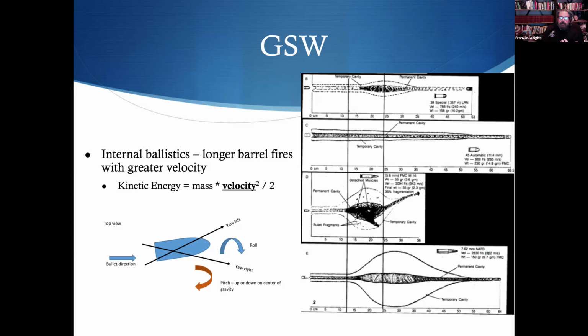Different powders have a maximum limit, where with a 16 or 20-inch barrel, if you go beyond that, the gunpowder will all have burned off before the bullet leaves. But if you have a very short barrel, some of that propellant is wasted: it starts to push the bullet out, but then the bullet leaves the barrel and the propellant dissipates into the air and you get a big muzzle flash, but you're not actually pushing the bullet as quickly.